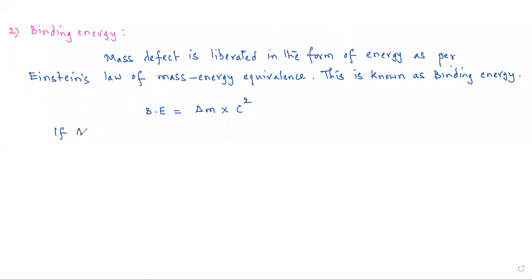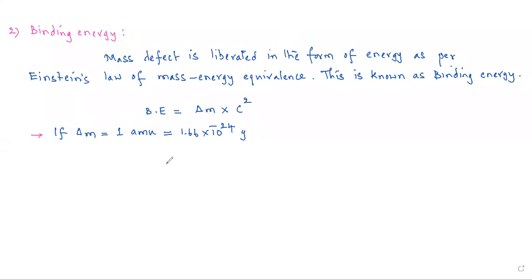Suppose delta M, the mass defect, is equal to 1 AMU, nothing but 1.66 into 10 power minus 24 gram.